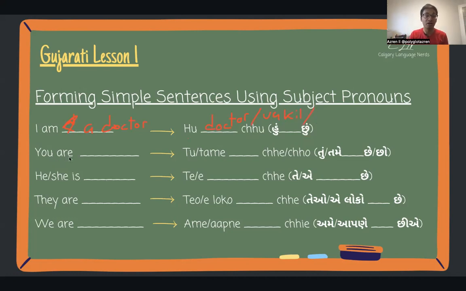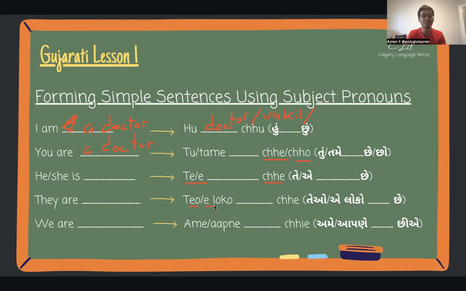If you want to say you are a doctor, for example, tu or tame, tu doctor che if you're informal, tame doctor cho if you're formal. If he or she is a doctor, te or e, or e as well for some people, only in spoken language, as we talked about last time, doctor che.